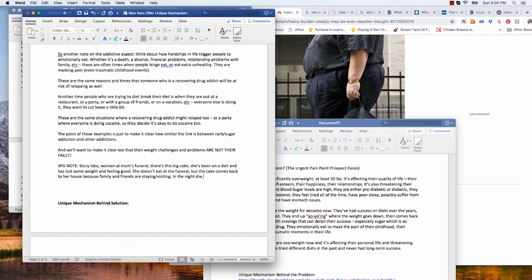In the night, she sneaks down and eats the whole rest of the cake. In between tears, from there goes on a sugar and food and junk food bender. It's emotional eating. It's addictive behavior, like relapsing. It's to mask the pain. And she knows it on some level, but she quiets that voice and gives in to her urges.